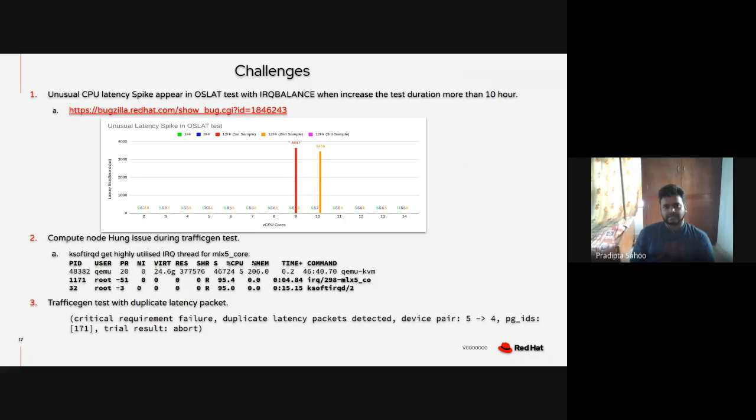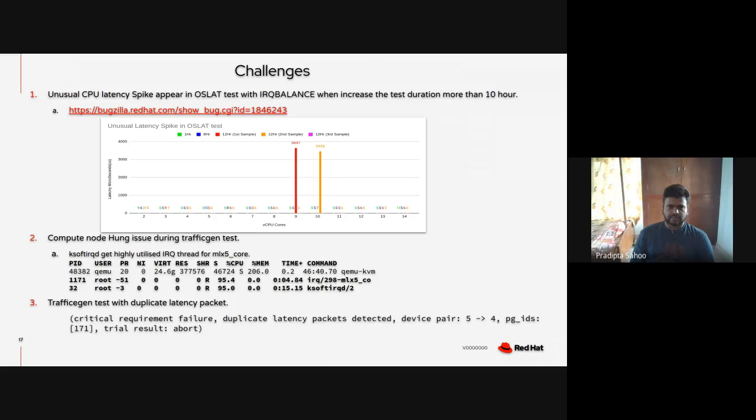There are a few challenges we experienced during the test. The first challenge is specific to a bug. During the CPU latency measurement, when we enable IRQ balance, unusual CPU latency is reported in the vCPU inside the guest.